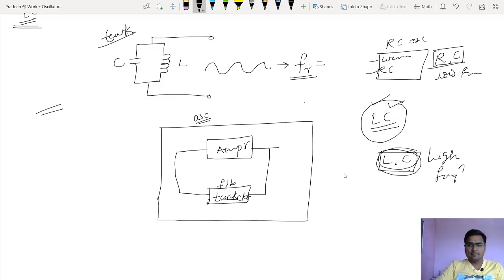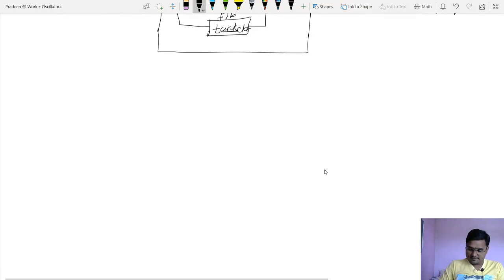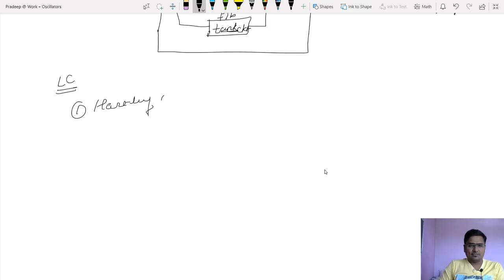Now let me classify the LC oscillators. The first is the Hartley oscillator, and the second one is the Colpitts oscillator. Since they are LC oscillators, in their feedback network I have to use inductor and capacitor.